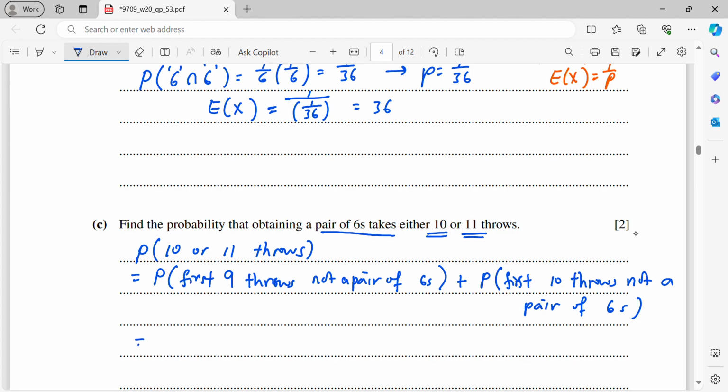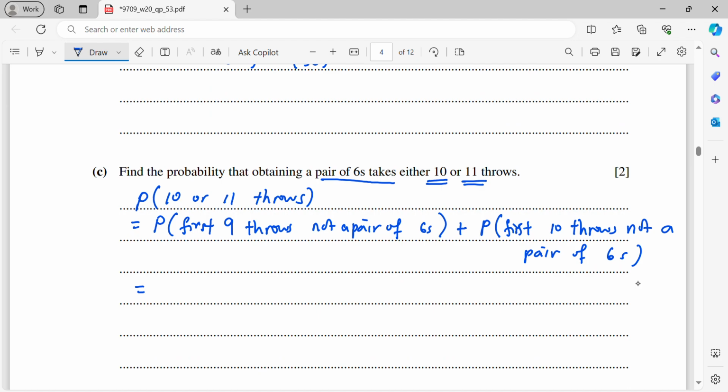Right, so when the first 9 throws are not a pair of 6, we know that the probability of a pair of 6 is 1 over 36. So P equals 1 over 36. So then probably I will just write here P(a pair of 6) is 1 over 36, so the q is 35 over 36.